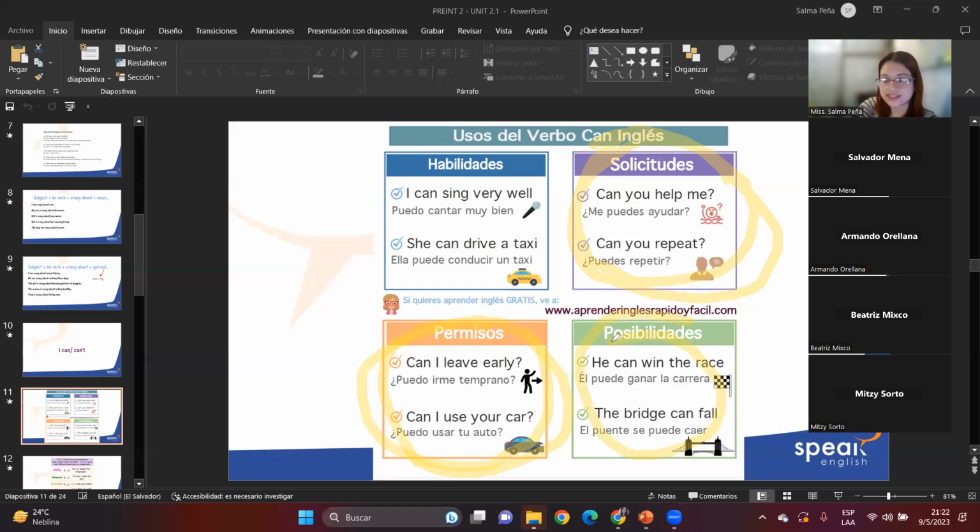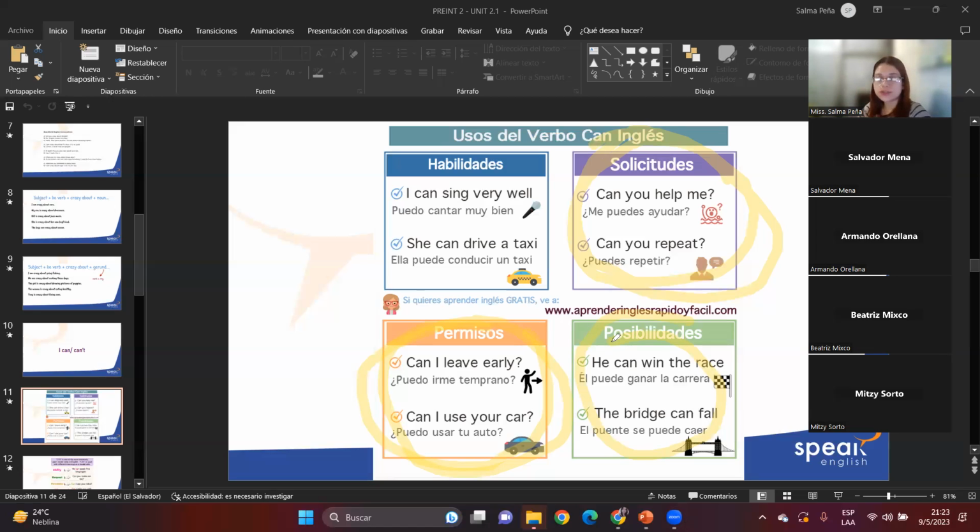And he can win the race and the bridge can fall. Okay, yes. So in all these situations, thank you. In all these situations, we can use this expression, can and can't, to talk about abilities, to talk about requests, to talk about permissions, and also to talk about possibilities. So, can is a modal verb. Can es otro verbo modal.